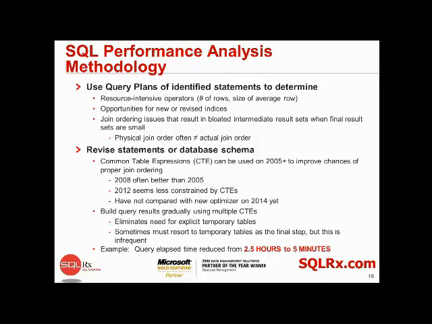So you want to revise the statements or the database schema, depending. But common table expressions came out in 2005, and they give you a better chance at improving this ordering so that you can actually have some control over it. The big thing from a developer's point of view is that you can build the queries gradually.